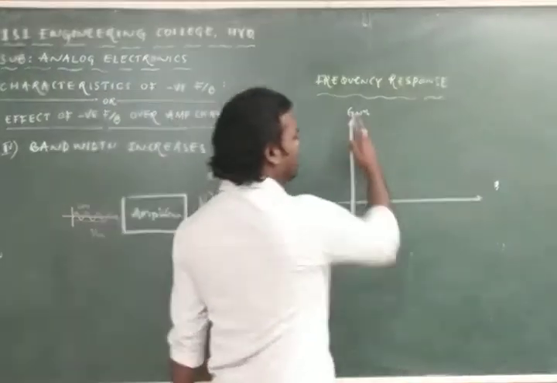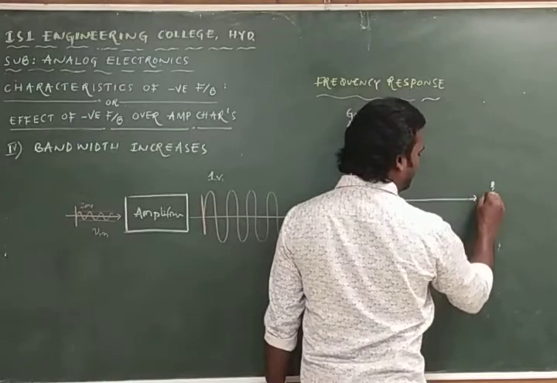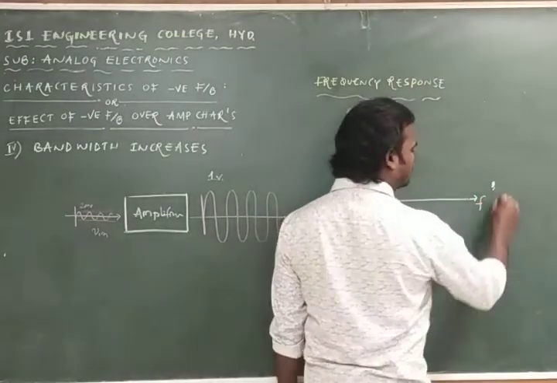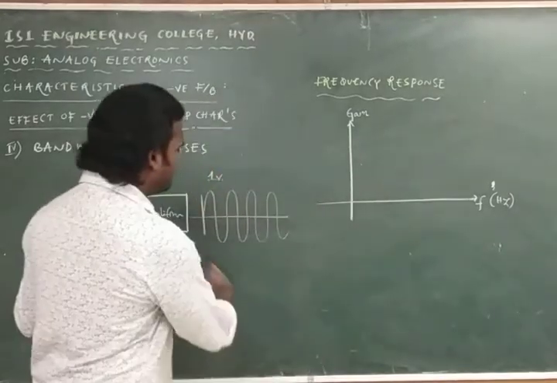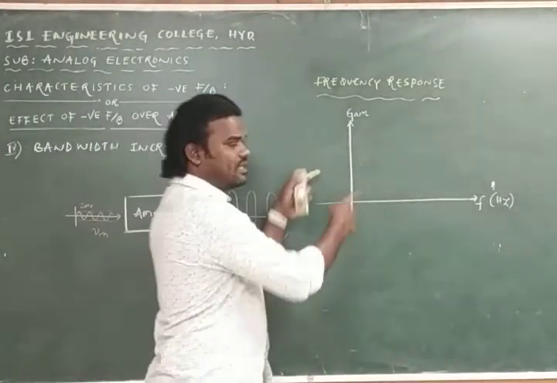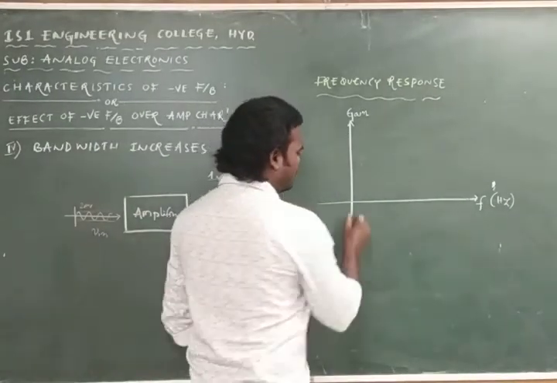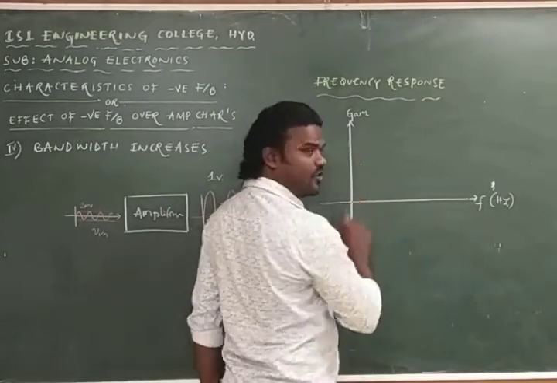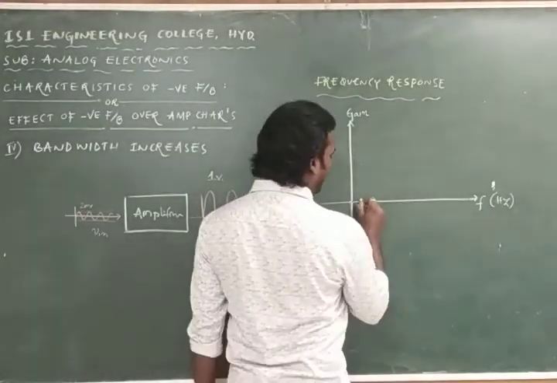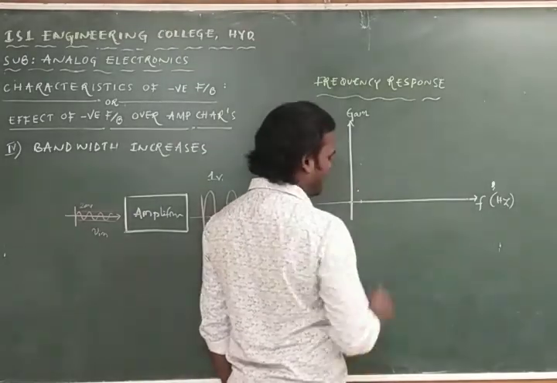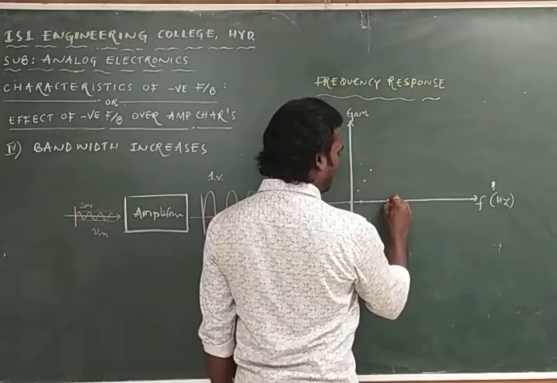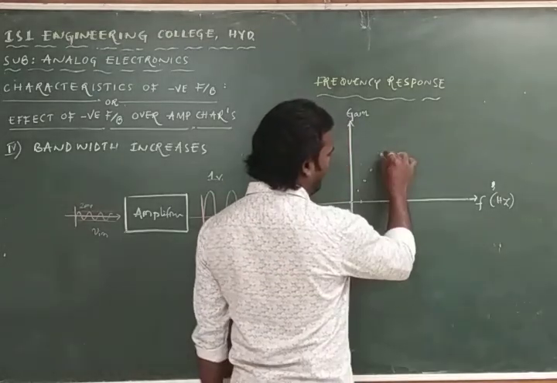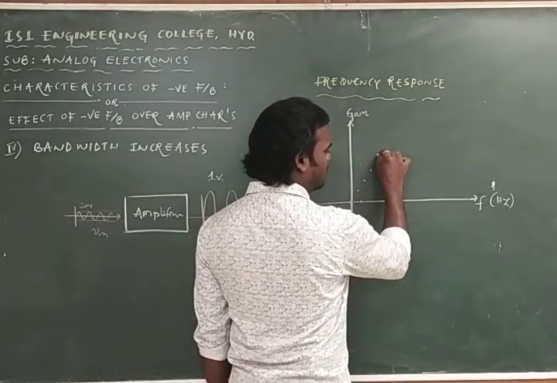So it is gain and frequency. What are the units for frequency? Hertz. So whatever we just now discussed, we have to plot in the graph. At 0 there is no output, there is no gain. At 10 hertz some gain is increased, and at 20 it is increased, 30 increased, 200, and at 100 kilohertz it is maximum.